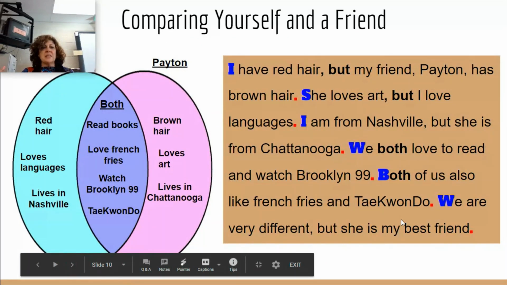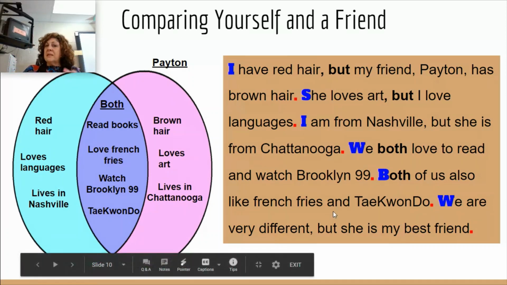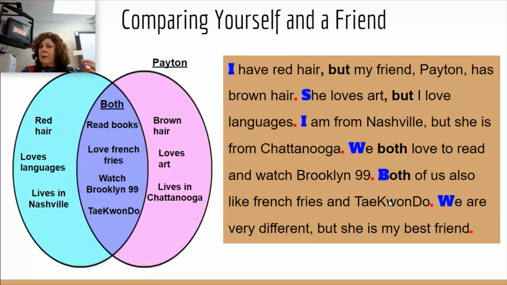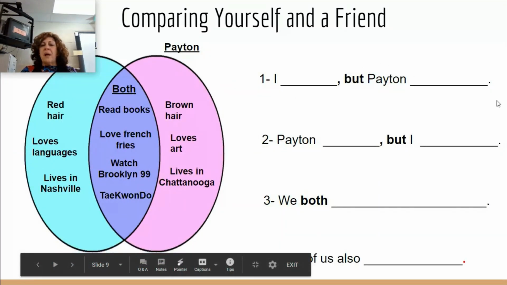Remember that our assignment is to write a paragraph, not sentences, right? So you are going to use your sentences that you already created to go ahead and make them into a paragraph. So the difference is sentences are by line.